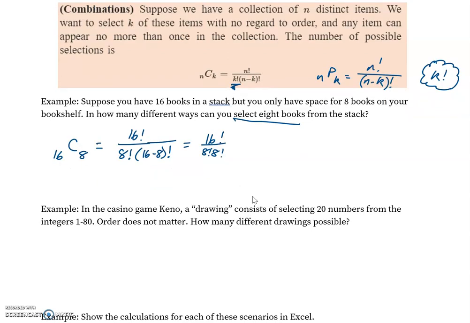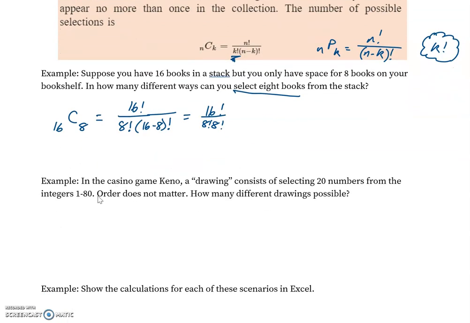So let's look at another example here. In a casino game called Keno, a single drawing consists of selecting 20 distinct numbers from the integers 1 through 80. Order of those doesn't matter, but again, they're going to be distinct numbers. So how many different drawings are possible?